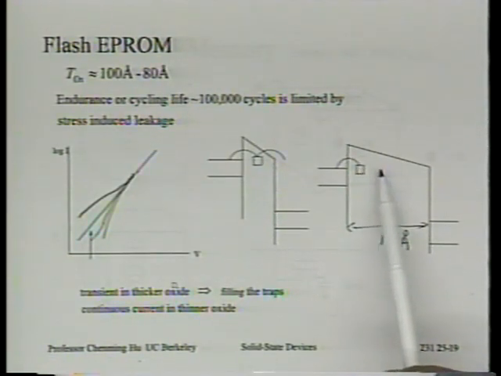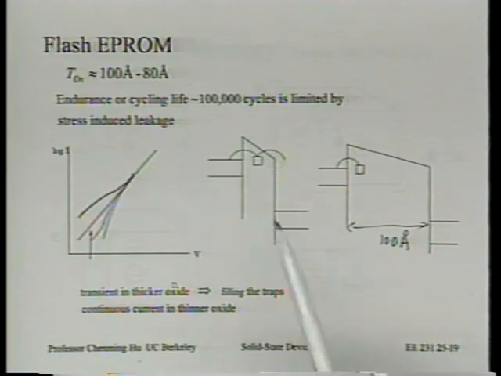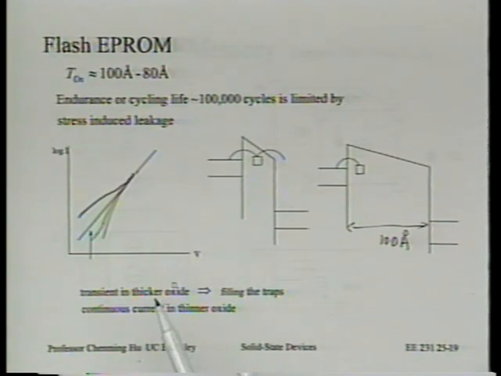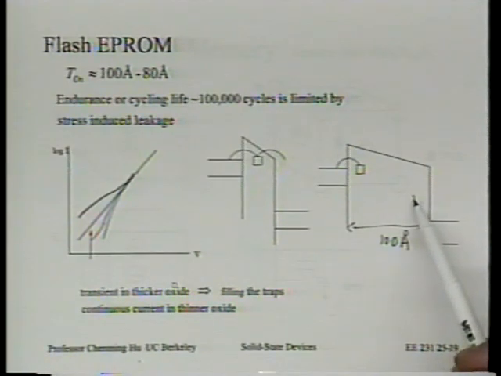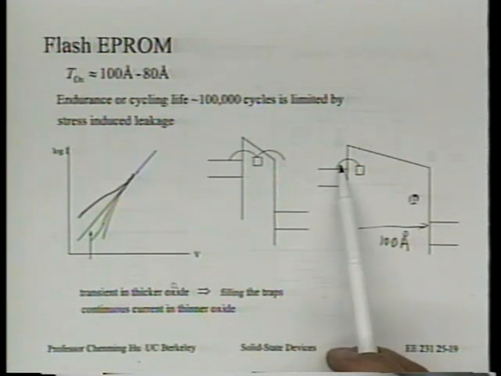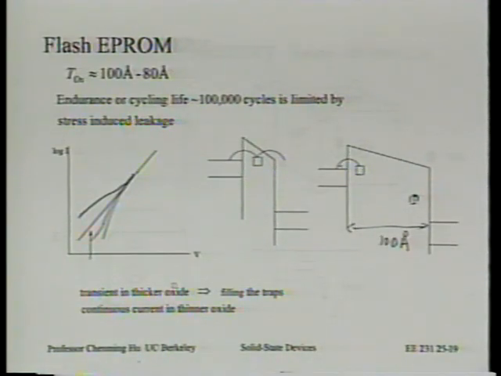Can the electron get out of the trap easily? It cannot. So that's not too much of a problem. For example, retention-wise, it's not going to serve as a stepping stone to keep leaking charge away. If the trap is generated near this side, that's no problem because it's hard for the electron to go from the cathode to the trap in the first place.